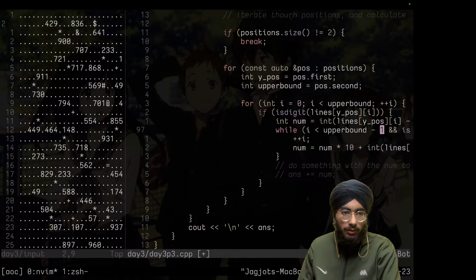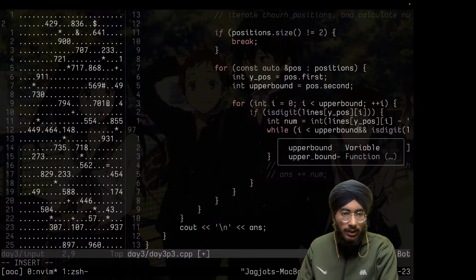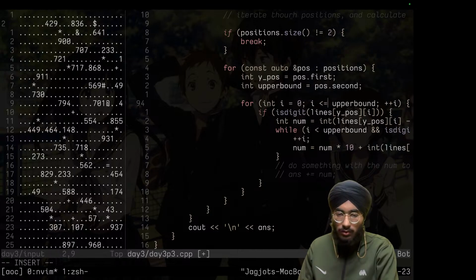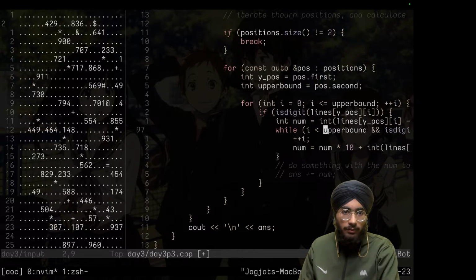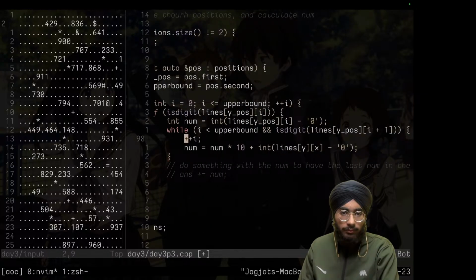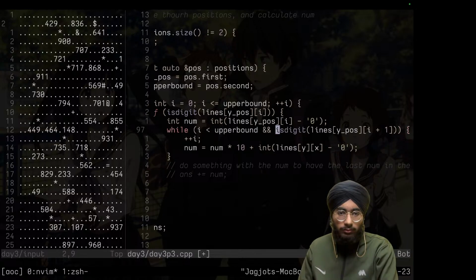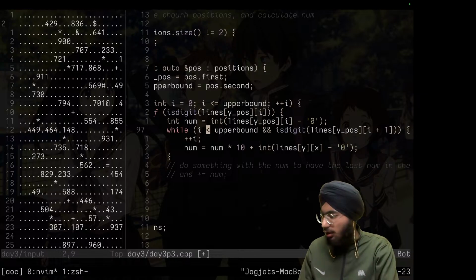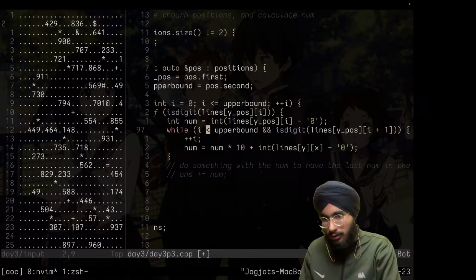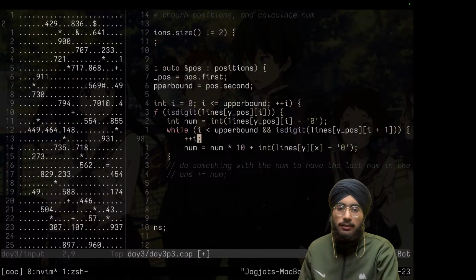Upper bound, minus 1 not necessary because it itself is an index. Less than equals to. Yeah, we have put less than, so we don't need to equal to negative 1 this because we are taking I plus 1. That's why we need one less than upper bound, which less than is serving.